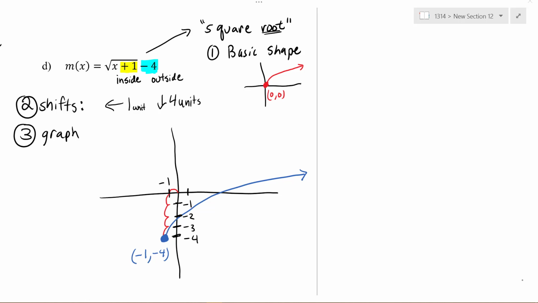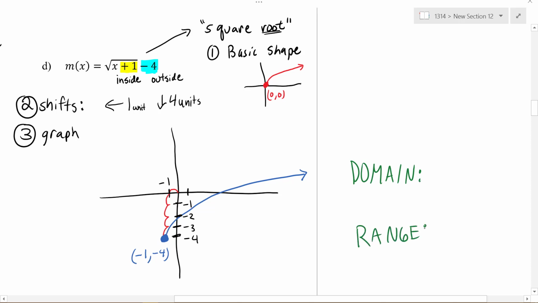Okay, so now we want to tell what is the domain and range of this graph. Remember that domain are the x values, and we always go from left to right. The range is always the y values, and we always go from bottom to top. Okay, so let's look at our domain.